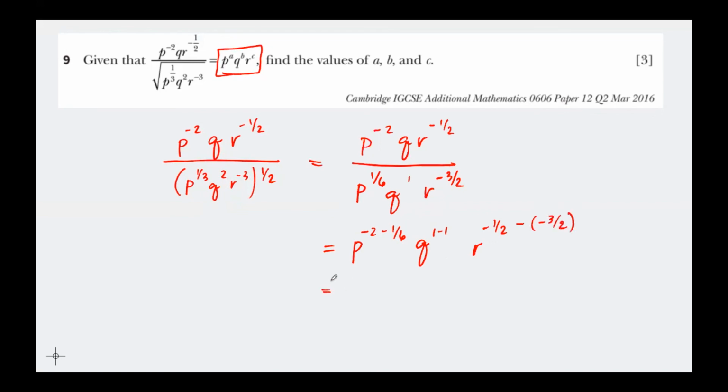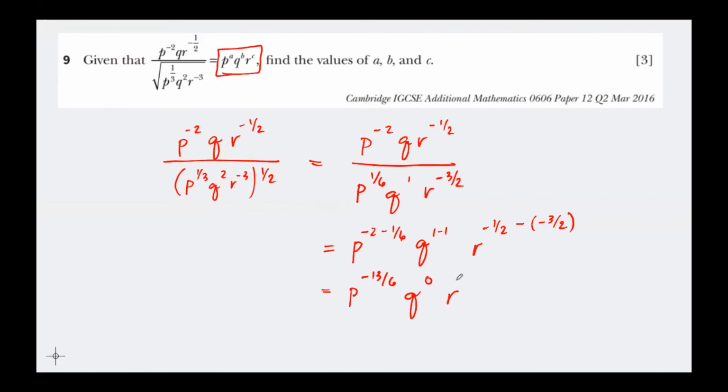So therefore, negative 2 minus negative 1 over 6 is the same as adding them. So that's P to the power of negative 13 over 6. Q will be 0, so Q will be gone, right? So that's Q to the power of 0. And then R, negative 1 over 2 minus negative becomes positive.